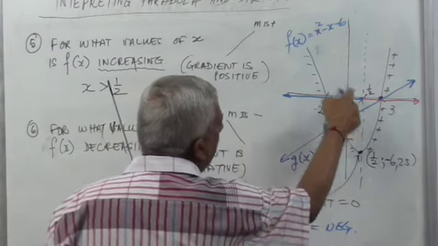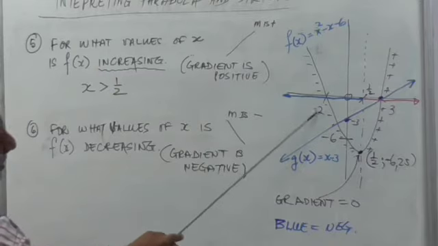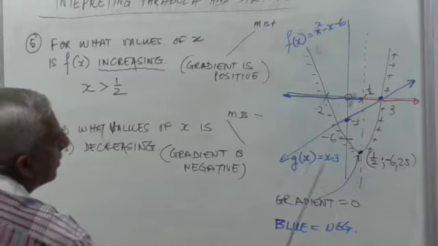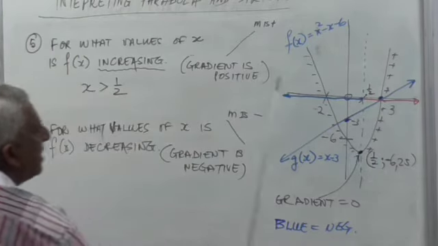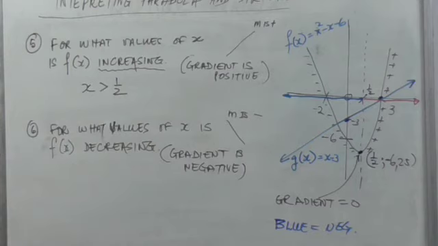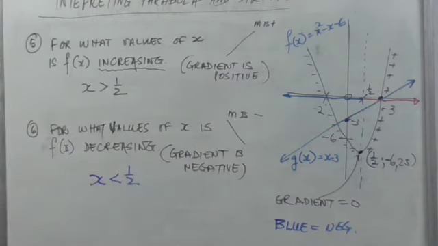These are less than half. So for what values of x is f of x decreasing? It means for what values of x is the gradient negative? It is negative for all the numbers less than half. So here you will say x is less than half.